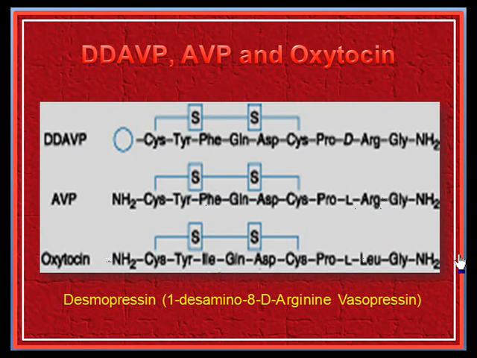But we know oxytocin has no action on the renal tubule. It acts on a pregnant uterus to initiate the contractions at the time of childbirth, and also on the mammary glands to initiate lactation. So, this is about the structure of the three similar hormones, two naturally occurring ones and the one synthetic DDAVP.